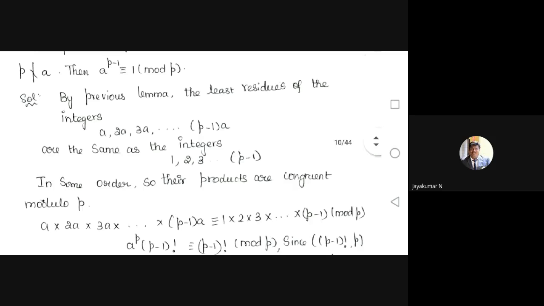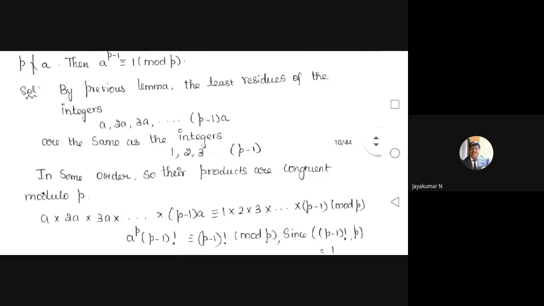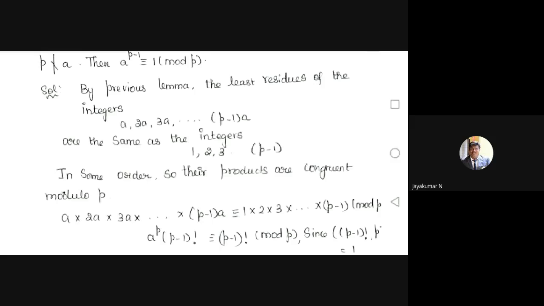Which means a into 2a into 3a up to p minus 1 into a is congruent to 1 into 2 into 3 up to p minus 1 mod p. In the left side, a into a is a square; if a is multiplied 3 times, it is a cube.